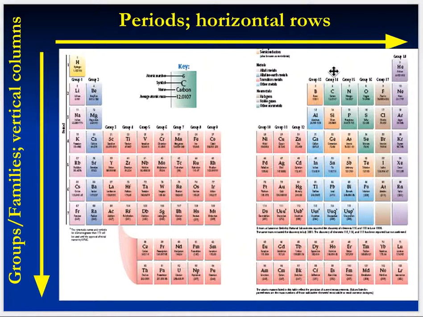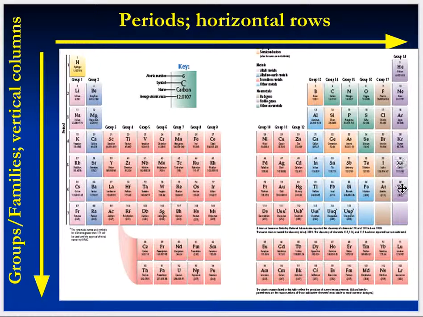Then we have this one right here, which starts with carbon. Carbon has 4 valence electrons. This is group 4. Group 5, group 6 with oxygen, they have 6 valence electrons. Group 7, and then you have the last group, which has 8 valence electrons, meaning that they're stable.